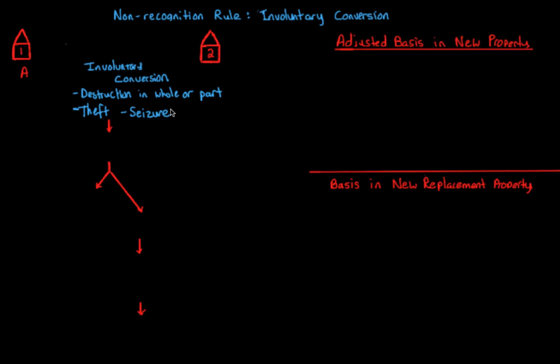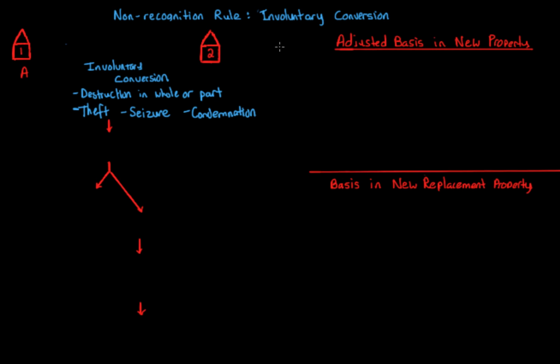They have eminent domain power. So that's a seizure. Any gain on that, you're not going to have to recognize. And then finally, condemnation. Say you have property that's been condemned because it's just not habitable or some other reason. If it's condemned by city, state, whatnot, locality, then that's considered involuntary conversion.